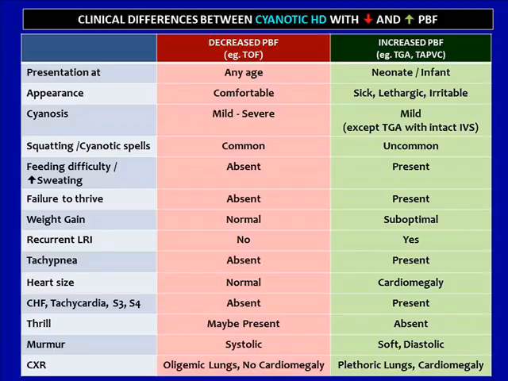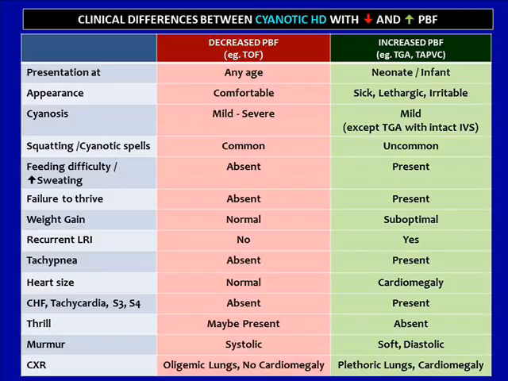Feeding difficulty, diaphoresis are prominent with failure to thrive and therefore suboptimal weight gain. Also, recurrent LRI is especially common with shunt lesions. And the patients have tachypnea, cardiomegaly does occur, and they have heart failure, tachycardia, S3, S4 being present, thrill is absent, soft diastolic murmurs occur, and chest X-ray shows plethoric lungs and cardiomegaly.